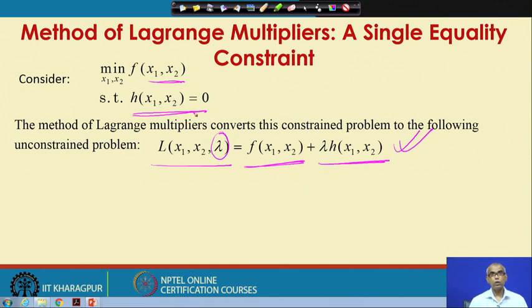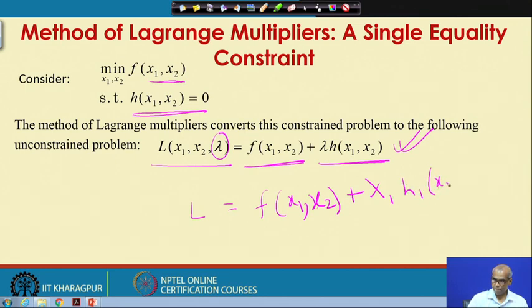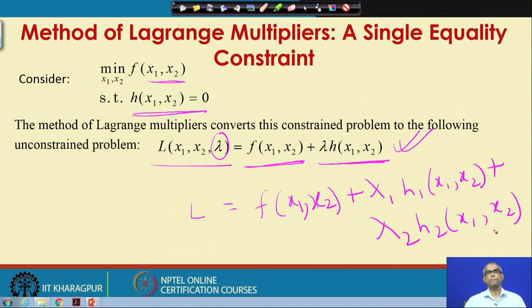If I have two constraints, my unconstrained function L will be extended similarly, and so on and so forth.